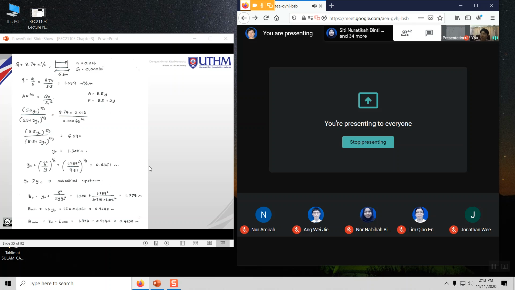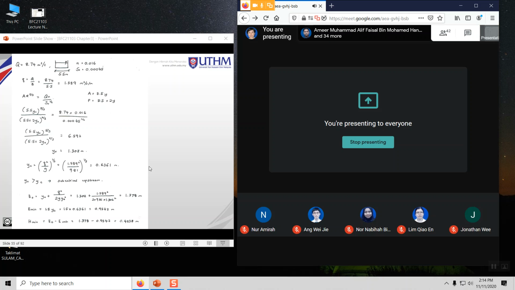So therefore, H min will determine whether it is case 1, case 2, or case 3. So the first thing I need to know, in order to find H min, is E naught and E min. Now, E naught and E min can be computed if we know y naught and yc.